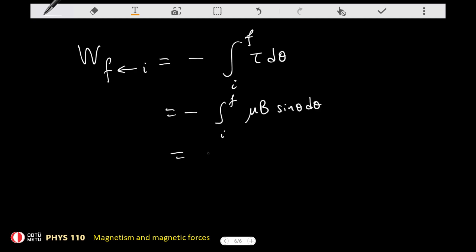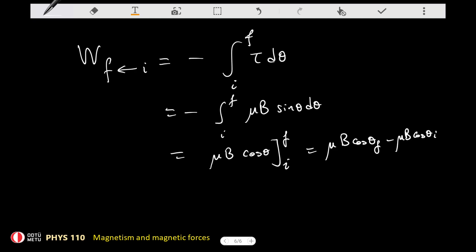Sine theta has an integral which is minus cosine theta. So therefore the integral is mu B cosine theta with that difference. So therefore this is mu B times cosine theta f minus mu B times cosine theta i.